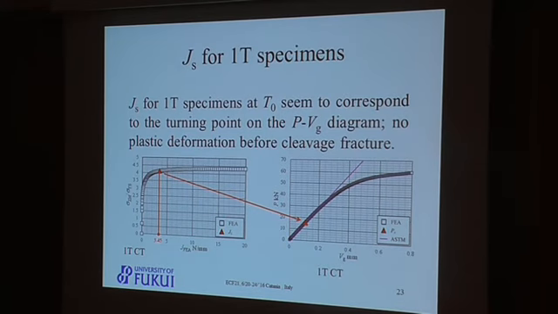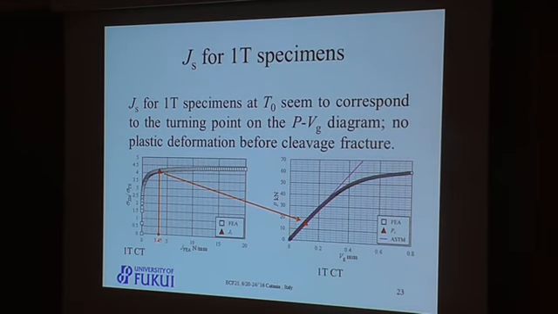Some rough side evidence we recognize is that the predicted JS for 1TCT specimen at master curve reference temperature T0 seems to correspond to the turning point of the load versus load line displacement diagram.